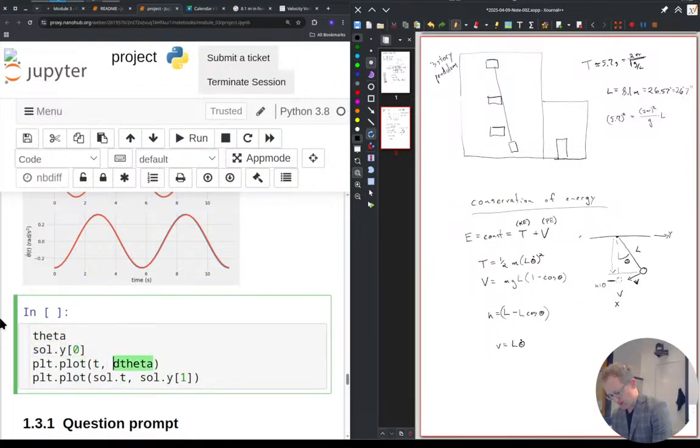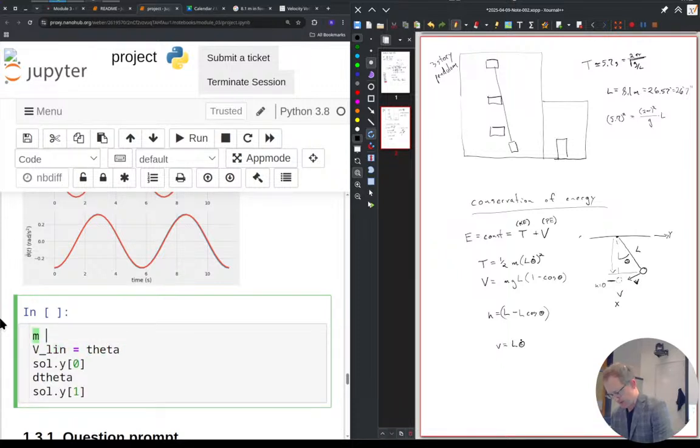It's better that way. Let's just give it a mass. Let's say it's 1 kilogram.